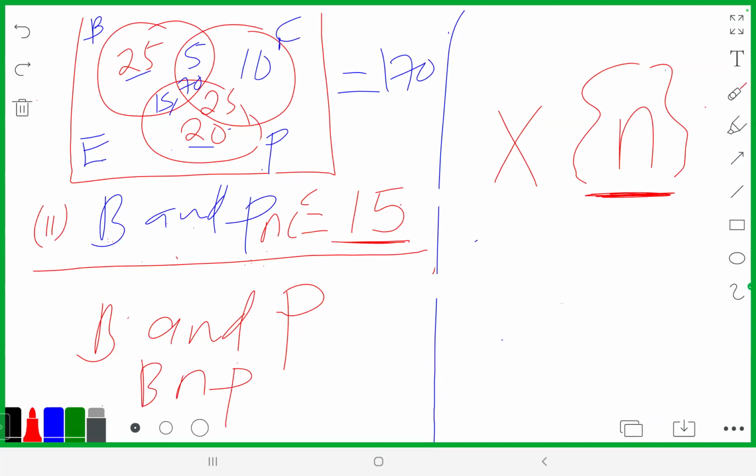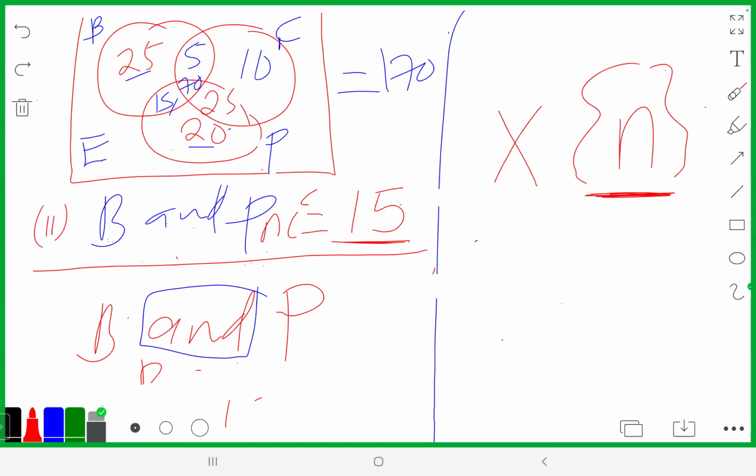Did you get it? I'm interpreting the meaning of the word "and", how we are using it in sets. But this question is saying, find B intersection P, but not C. So in short, it is B intersection P minus C, meaning we are not considering what is in C. So that's why we concentrated on 15 only, because 70 is in C.